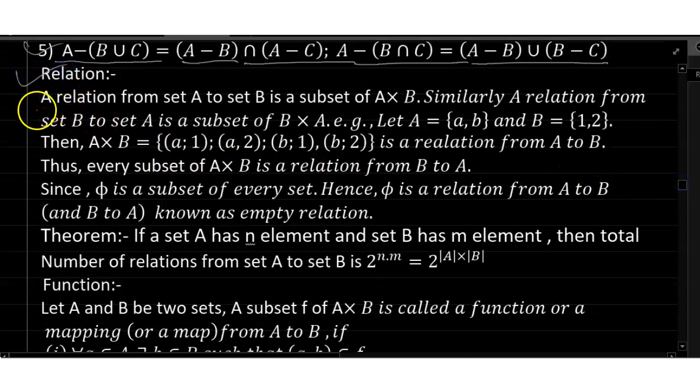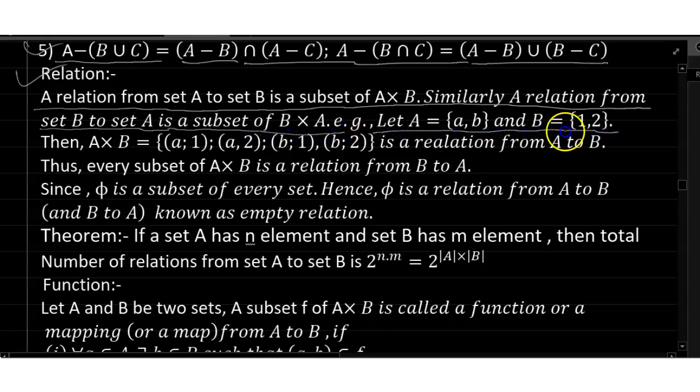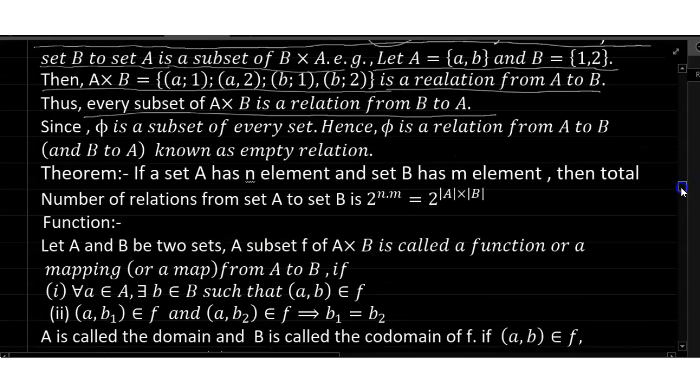Relation. What is a relation? A relation from set A to B is a subset of A cross B. Similarly, a relation from set B to set A is a subset of B cross A. Every subset of A cross B is a relation, and phi is a subset of every set.